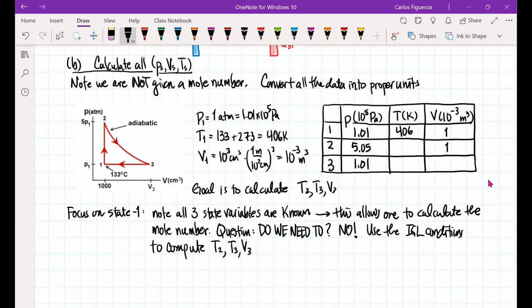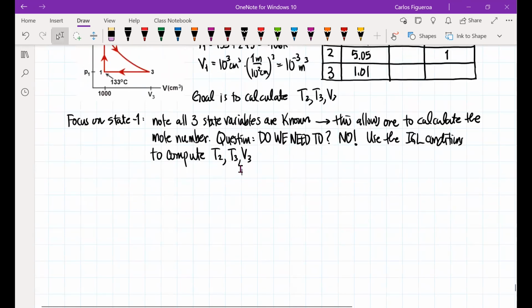My job here is to really show you that there are other ways to calculate these quantities besides the ideal gas law. And many of the times, the ideal gas law conditions are much, much easier. So let's look at this.